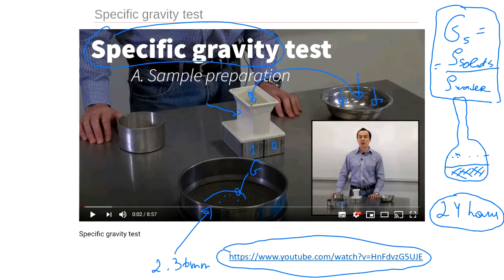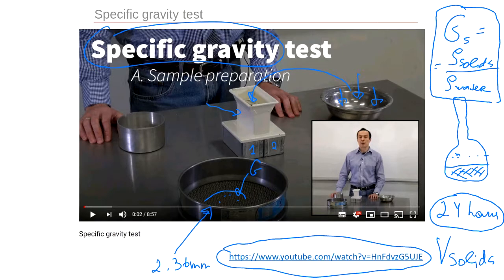And to get the density of solids, we need to know the mass of solids, which we can get by just measuring the mass of dry soil. And we also need to get the volume of solids. And the volume of solids is very difficult to get, because if we have sand or gravel or any soil, how do we get the volume of only solids?